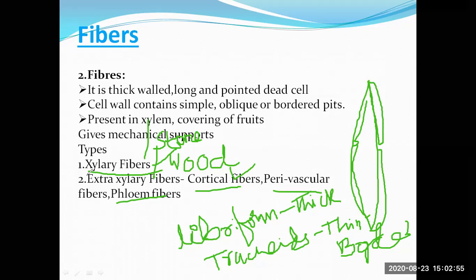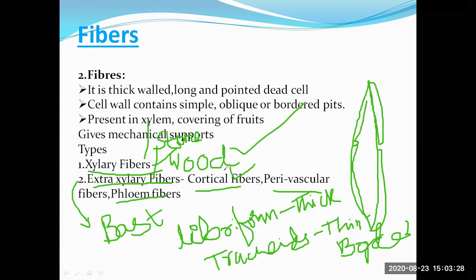The second one is extraxylary fibers. These fibers are found outside the xylem, such as in the cortex, pericycle, or phloem. These extraxylary fibers are also called bast fibers.